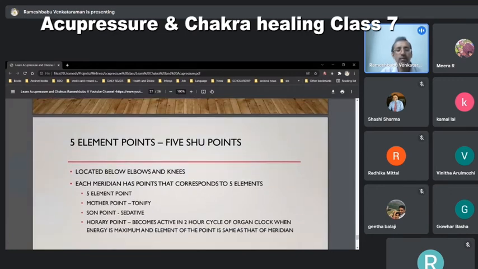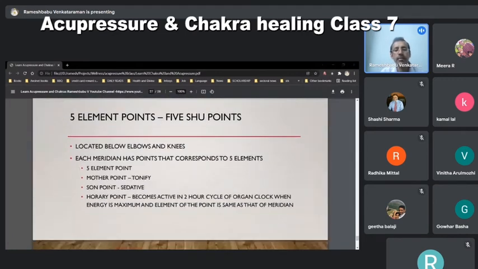Then we got a little bit into detail. What we discussed is the different types of Five Element points. One is the Five Element points as such. Within them, there is something called the horary point. So what is a horary point? In the organ clock we discussed, every 2 hours each of the organs gets the energy.